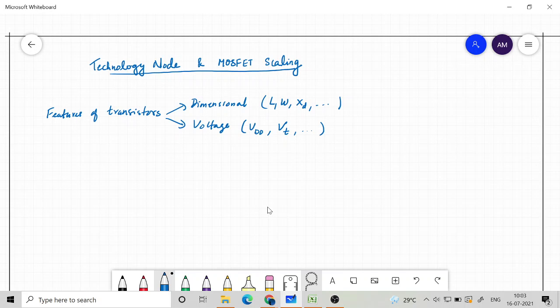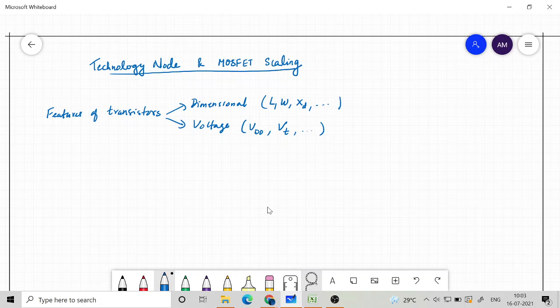It depends so much on material properties. Since VT cannot be changed, VDD also cannot be changed, so there is a limitation. People are trying many different ways to change VT, but it's not as easy as scaling down the dimensional features.